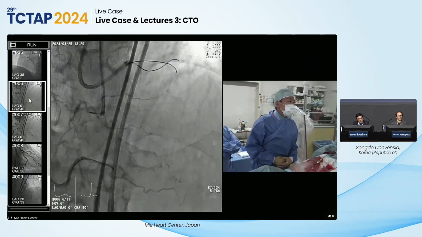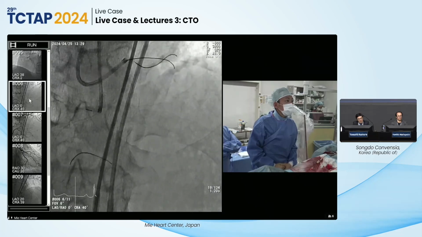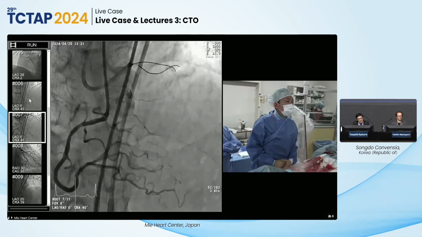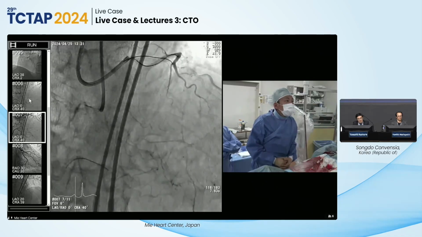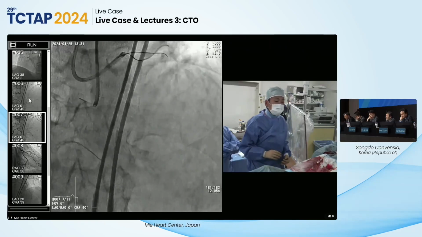So I decided to get the bilateral shot. But with the bilateral shot, you cannot see the distal landing zone clearly.